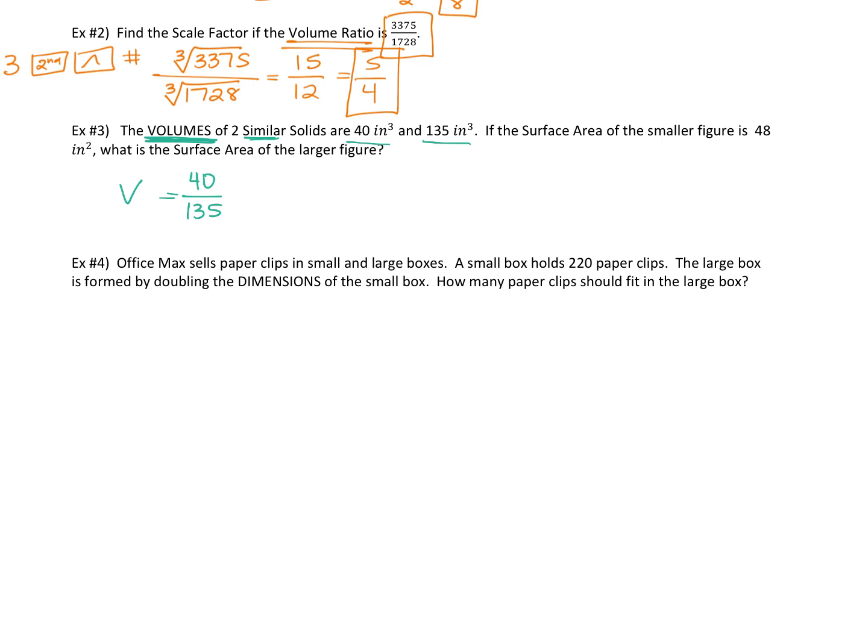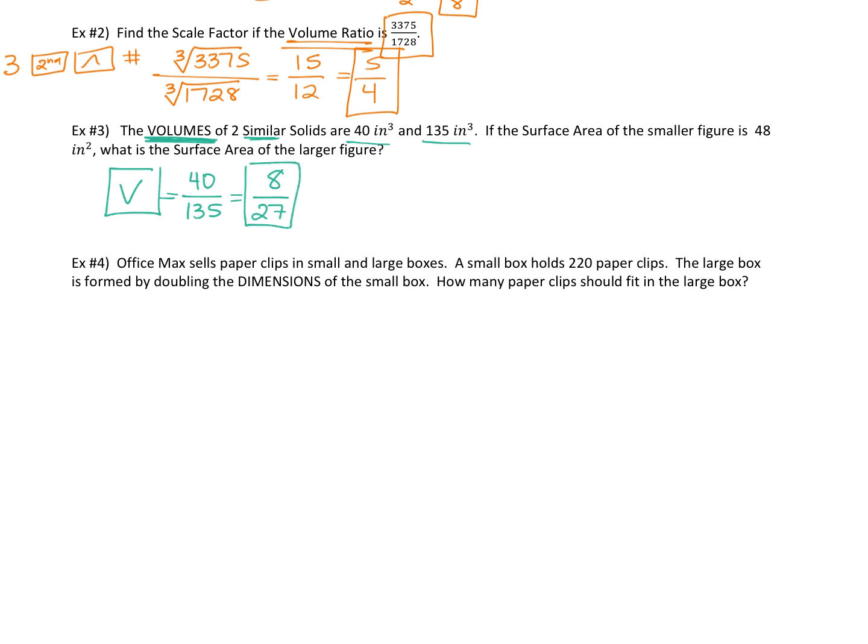Now, is 40 over 135 reducible? Yes, it is. You always want to reduce if you can reduce, okay? So 40 and 135, we can divide by 5. So that's going to be 8 over 27. Okay? So my volume ratio is 8 to 27.